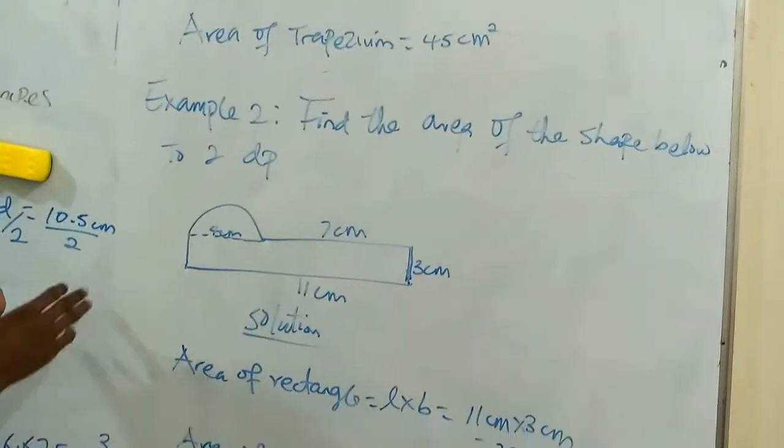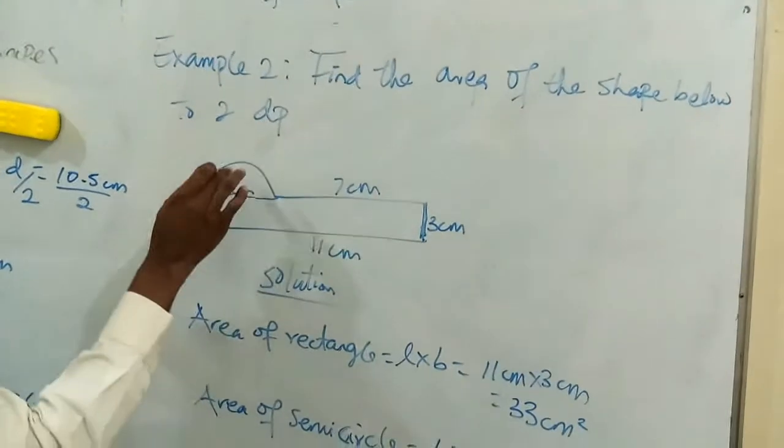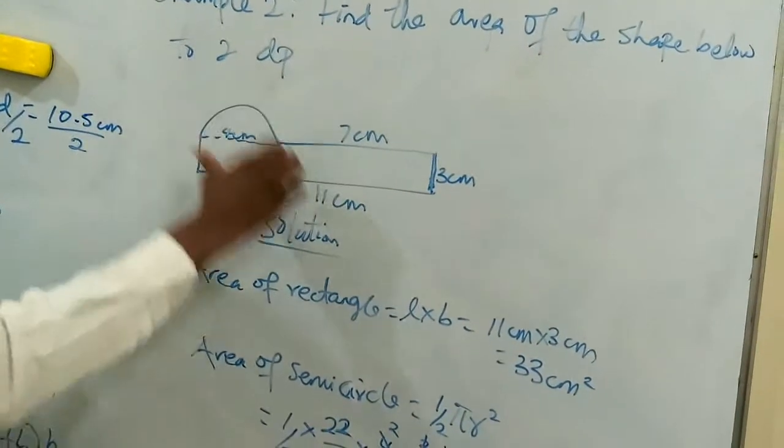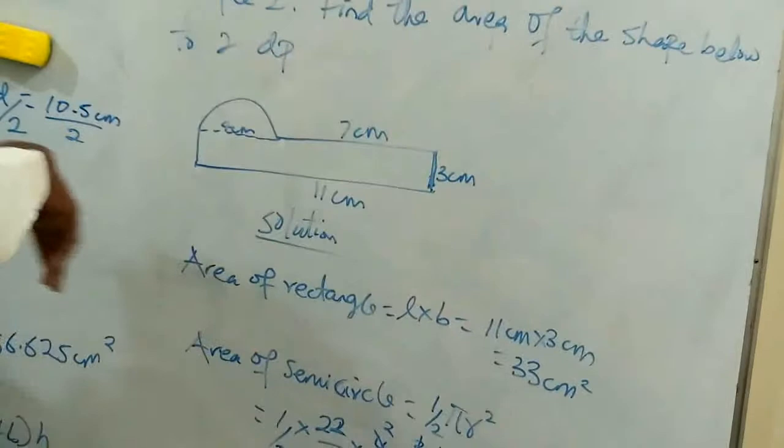Now, we've succeeded in finding the area of our rectangle and the area of our semicircle. We now add our 2 areas together to get the area of the figure we have on the board.